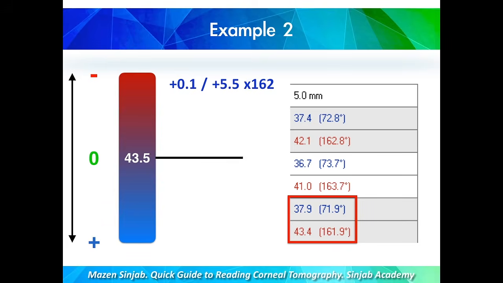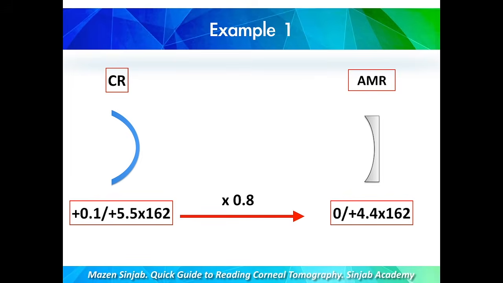Therefore, the patient has corneal refraction of plus 0.1 sphere plus 5.5 cylinder at the steep axis because the cylinder is in plus. Now I'm going to translate this corneal refraction into assumed manifest refraction by multiplying the corneal refraction by 0.8. So the patient has plus 4.4 at 162.